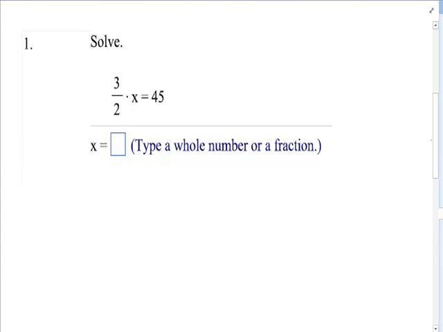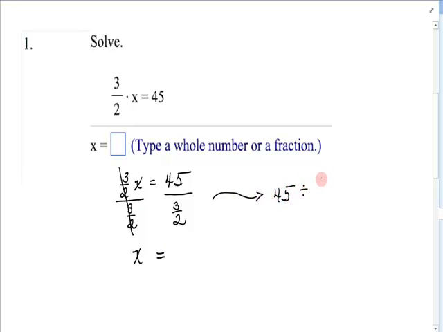So I'm going to take 3/2 x is equal to 45, and I'm going to divide this side by 3 over 2, and I'm going to divide this side by 3 over 2. Now that gives me x. I'm going to take this problem and go off to the side, and write it a little differently. This is 45 divided by 3/2. Now it looks like a problem we just finished.